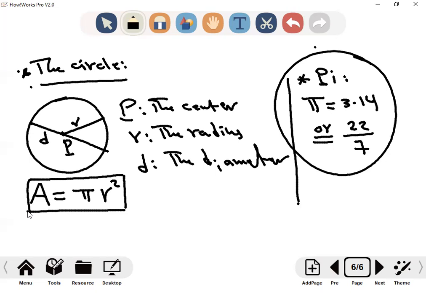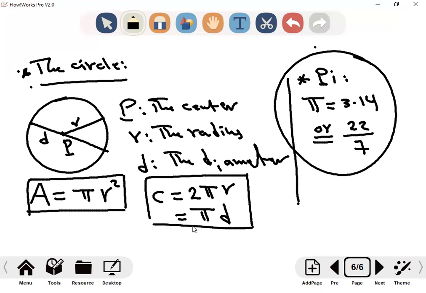So here in the circumference, guys, we have two formulas. You can use one of them depending on the situation you have, right? So here C equal either 2 pi times the radius or pi multiply D. You can use them for the circumference.